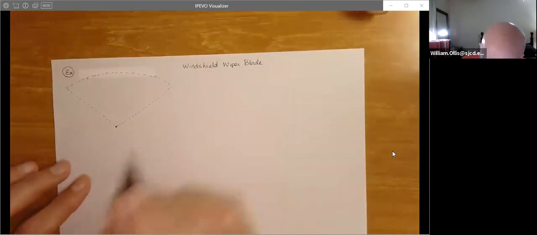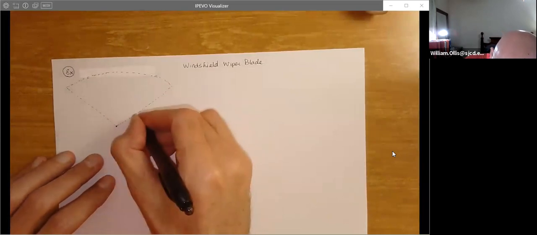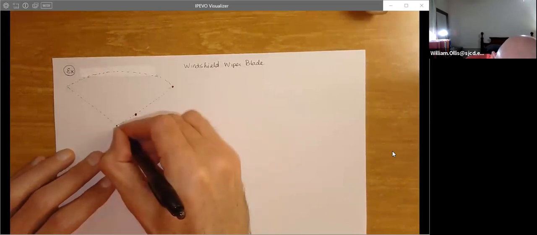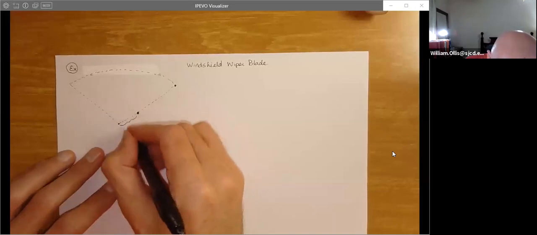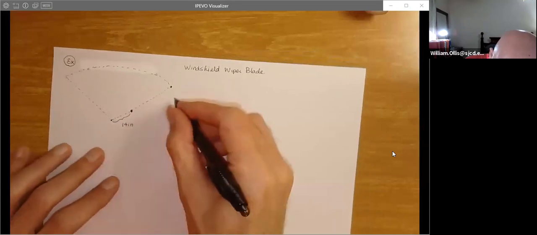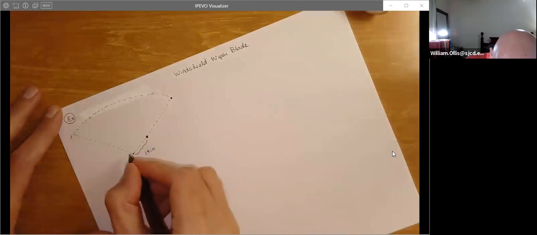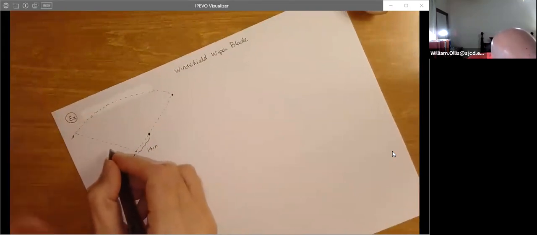And so now, when we actually look at the blade, you have a displacement here of, from the problem, 14 inches. And then the displacement from the vertex all the way out is, let's see, what does the problem say? 34 inches.